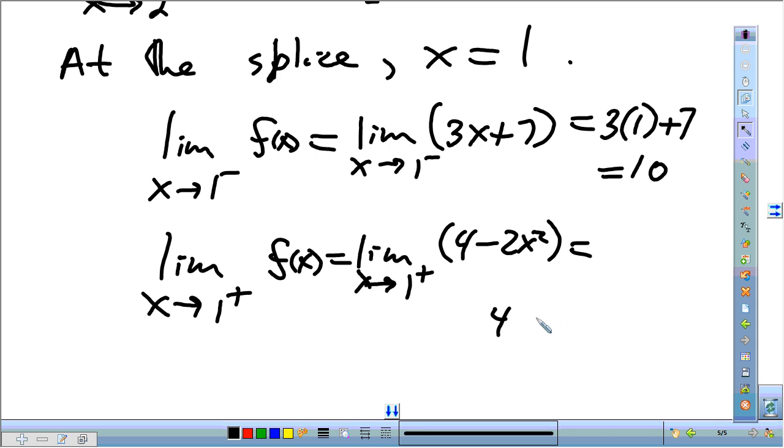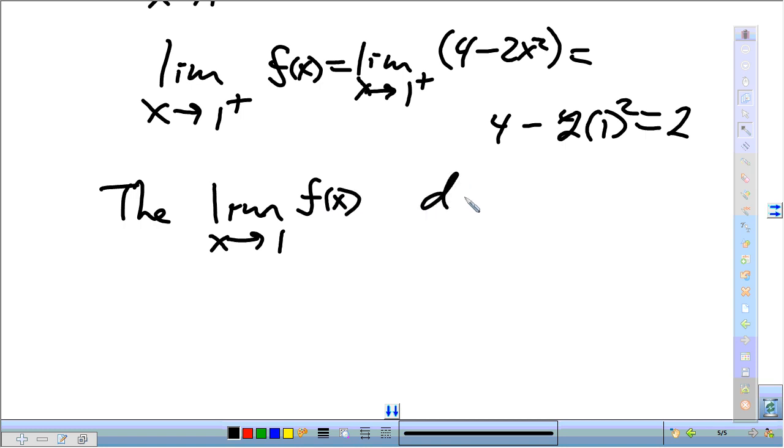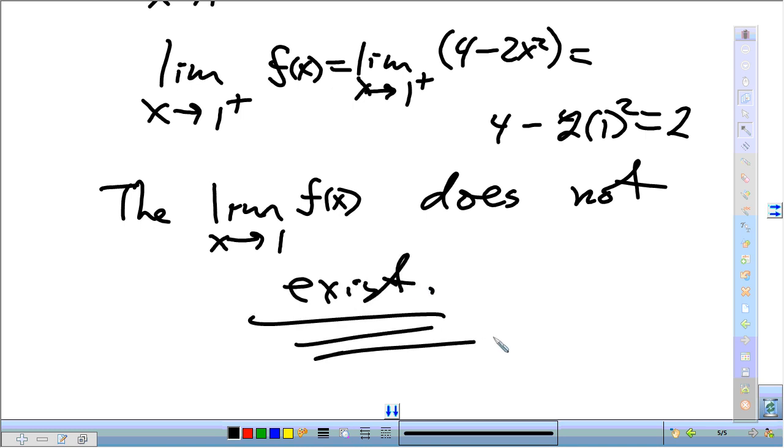And so the limit would be 4 minus 2 times 1 squared, or 2. So the limit as x approaches 1 from both sides at once, well, it does not exist because the left and the right limit were different.